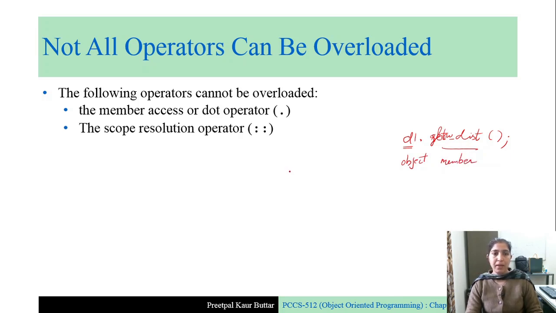Okay, and then the second operator is the scope resolution operator. This is used to resolve ambiguity.